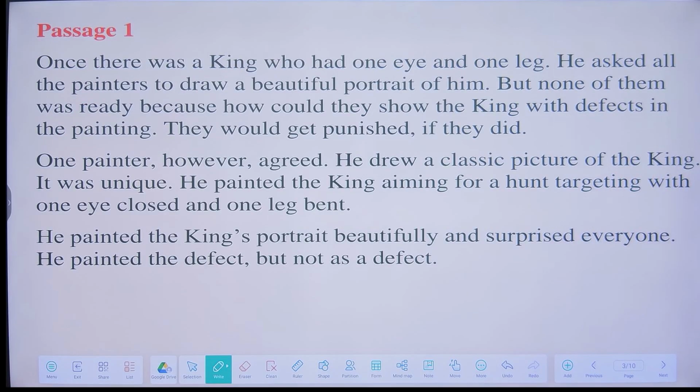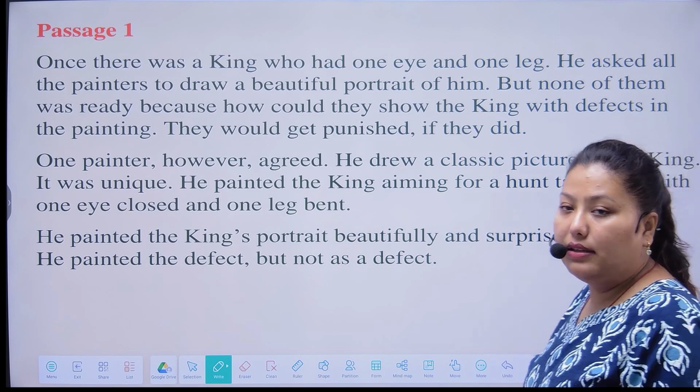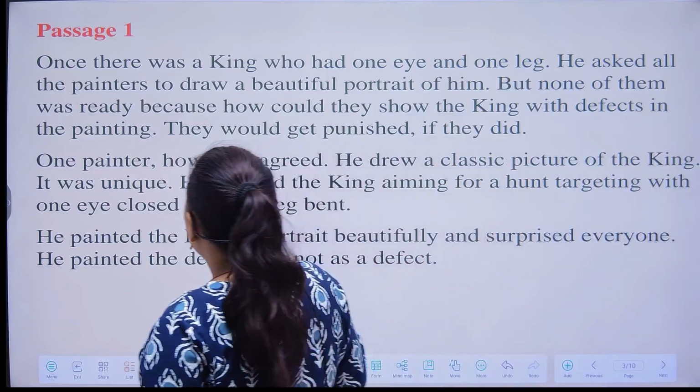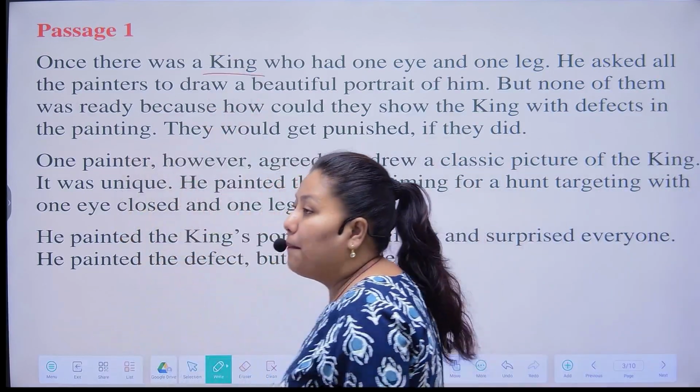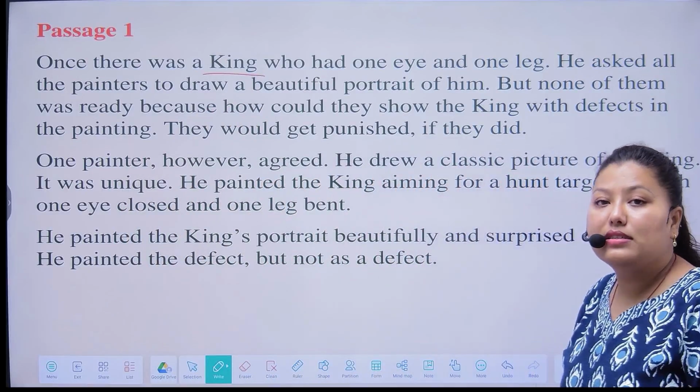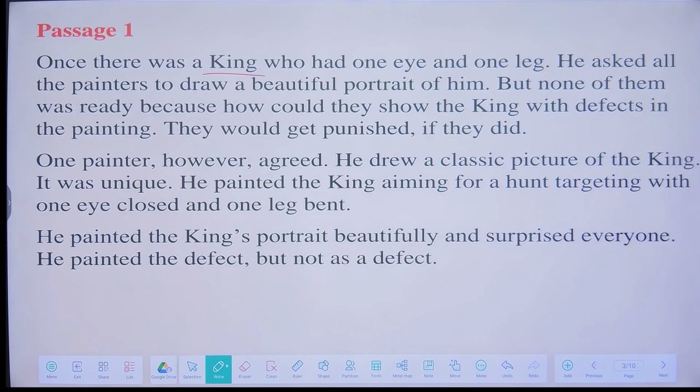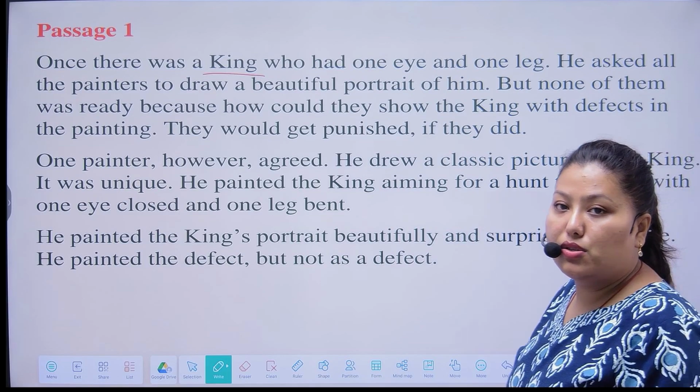So the first question is, who is the main character in the passage? The king is the main character of this passage. Next, what did he ask all the painters to do?